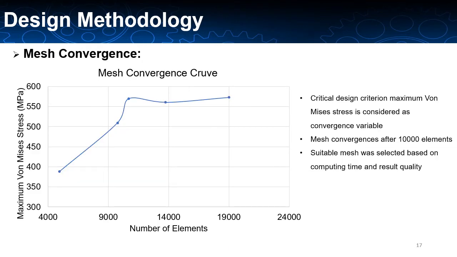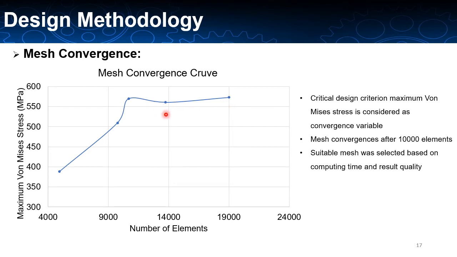A mesh convergence study was done where the number of elements was increased and one of the critical design parameters, the maximum stress, was observed to see how it changes with the number of elements. At the lower number of elements, the difference in the stresses is pretty high, but after almost 100,000 elements, the stresses become stable.